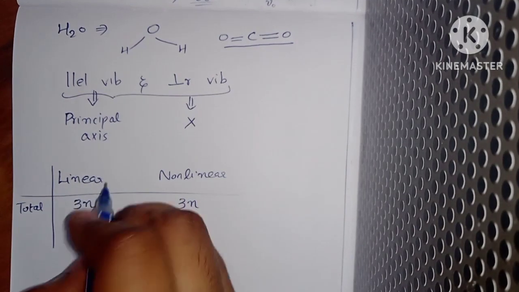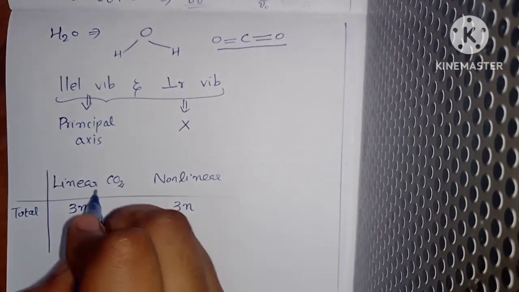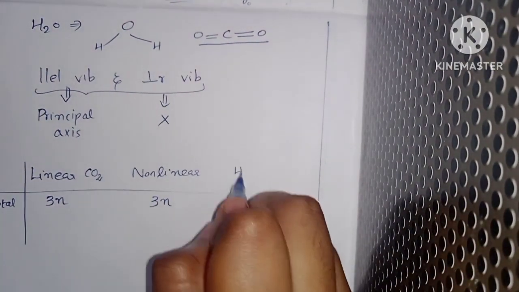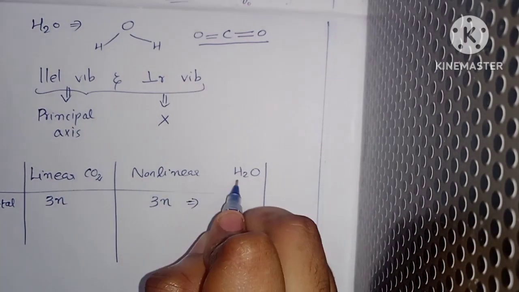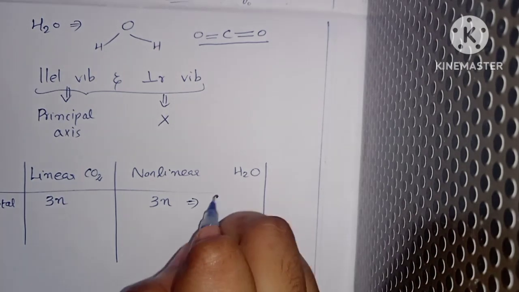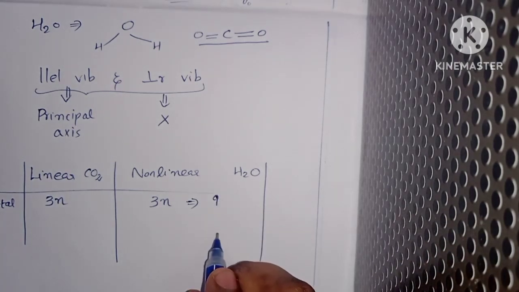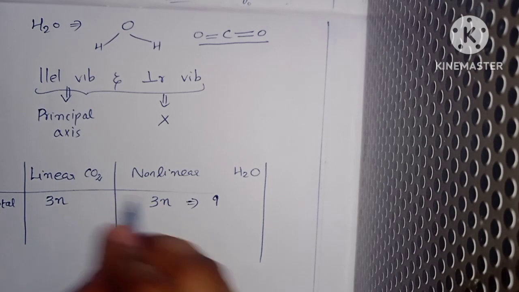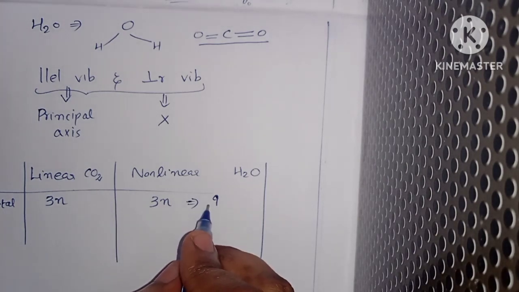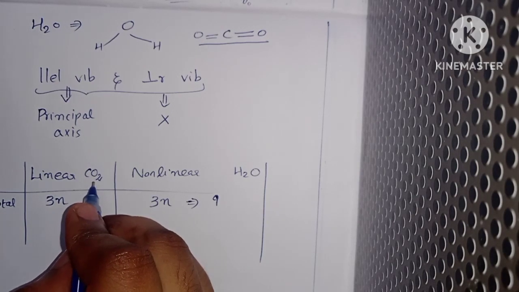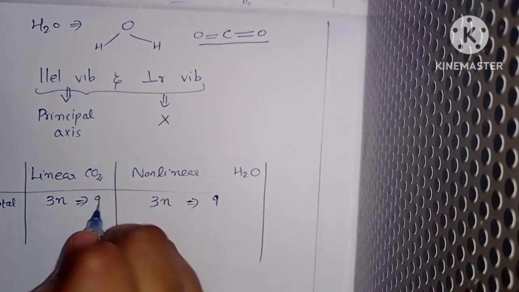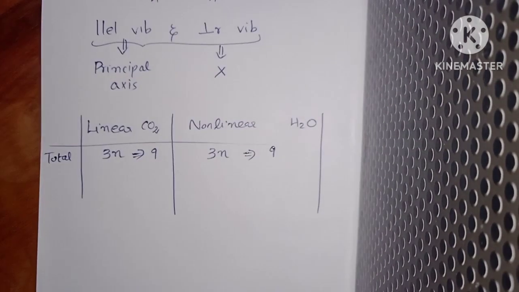If we take CO2 as an example of linear and water as an example of non-linear, this 3n will be 3 into 3 because 3 atoms are there. So 9 total degrees of freedom are there. Total means translational plus rotational plus vibrational. For CO2 there are also 9 total degrees of freedom.